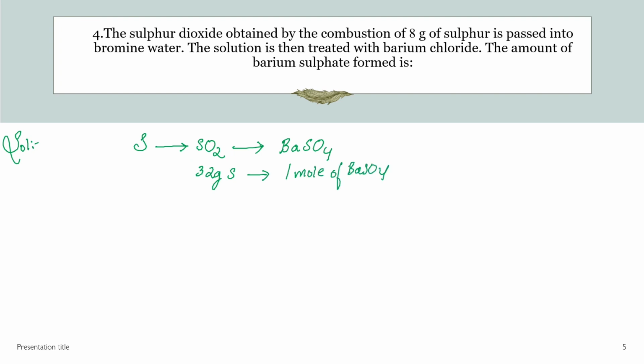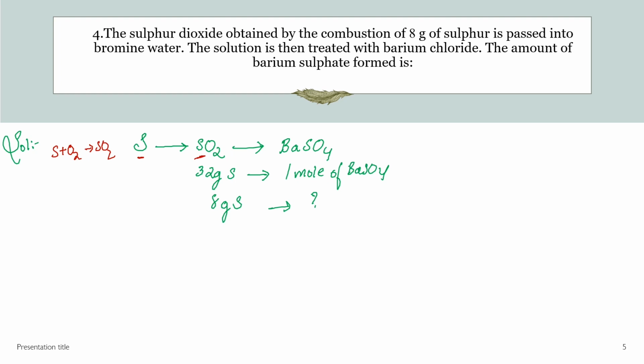Then if there are 8 grams of sulfur, how many moles are required? I repeat it. With the combustion of sulfur, that is S plus O2, we get SO2 over here.